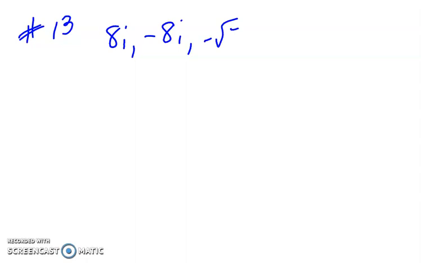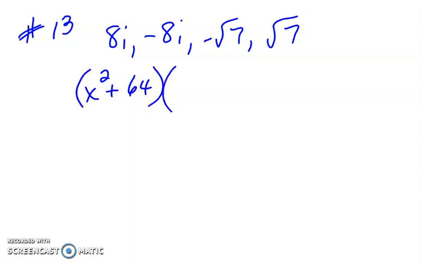Let's look at number 13. Well, we have 8i, which tells me I need negative 8i. We have negative square root of 7, which tells me I have the square root of 7. So again, with the i, we're going to square the 8. So it's going to be x squared plus 64. And x squared, just regular square root, so it's going to be minus the radical, which is 7.